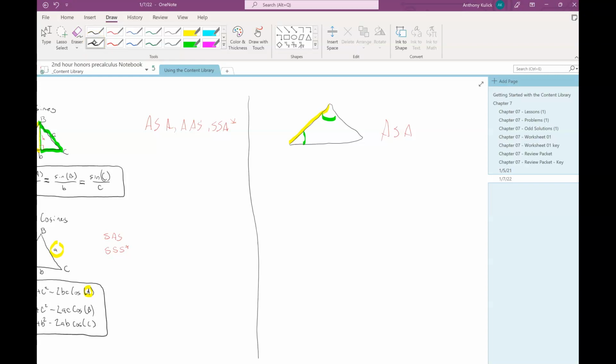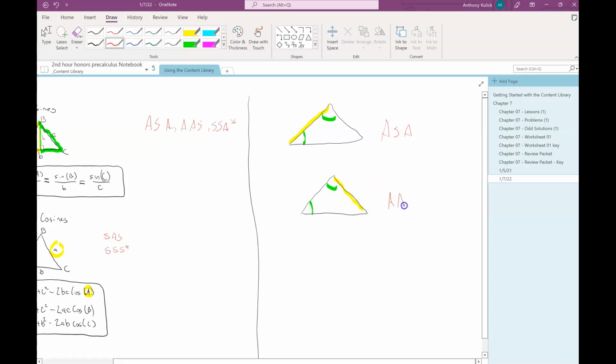Right? You guys can see that? As opposed to something like this, which would be angle angle side, because the given side is not a part of both angles.